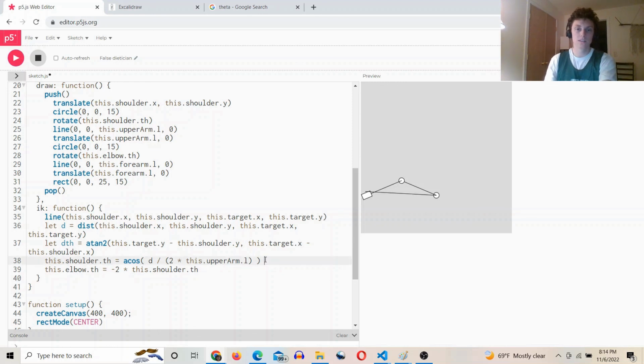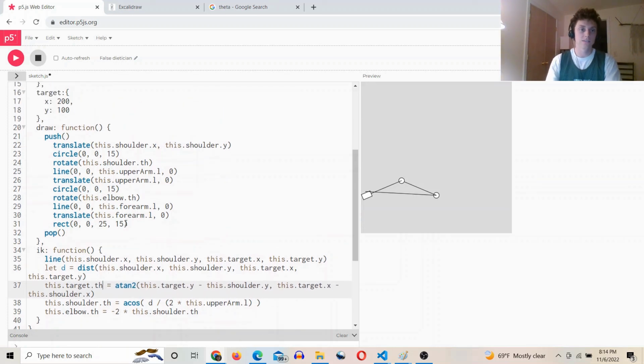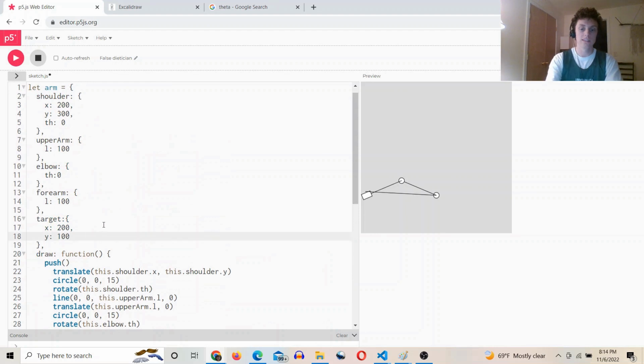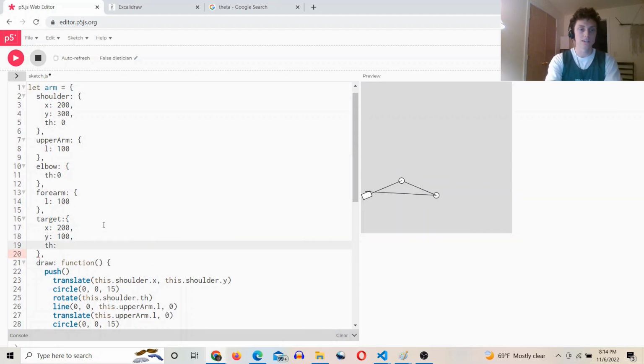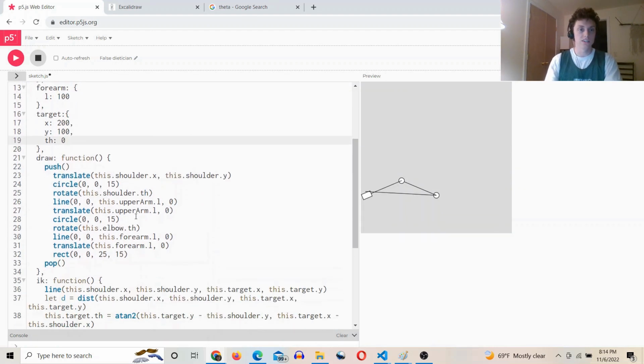That's fine. What we're going to do is we're going to say this.target.theta equals that. And we'll add a theta argument, or property, to this, and just initialize it as 0.